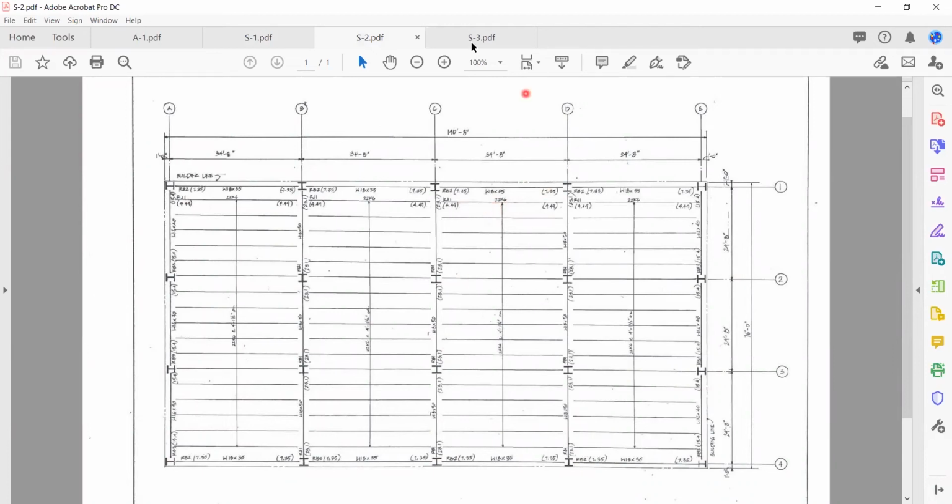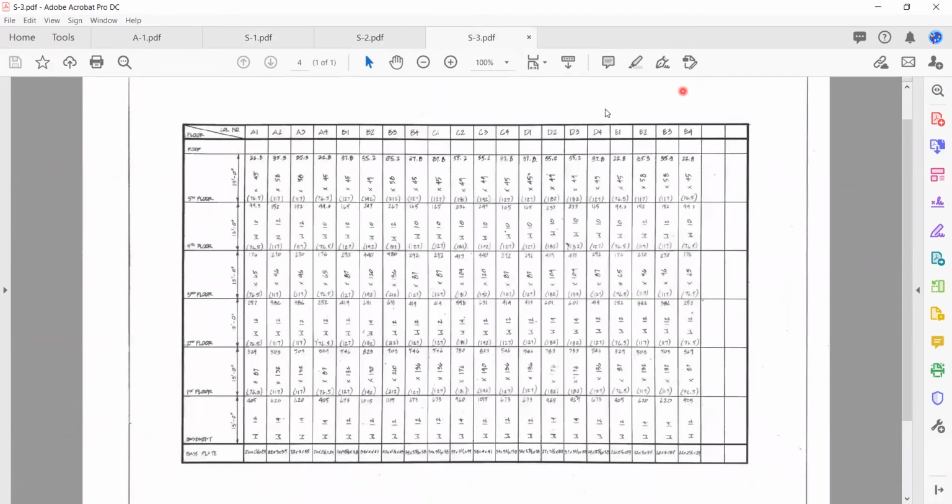And the last sheet here is something called column schedule. So this particular structure for the course project was, you know, 5 stories. And what we're looking at here are the sizes for the columns at all of the intersections.